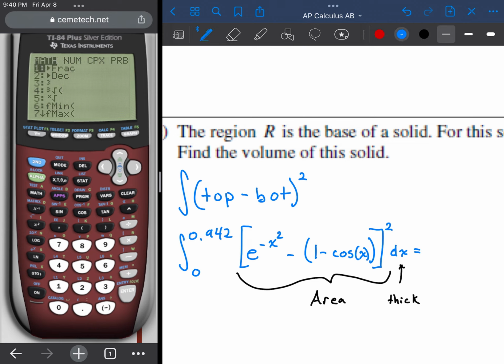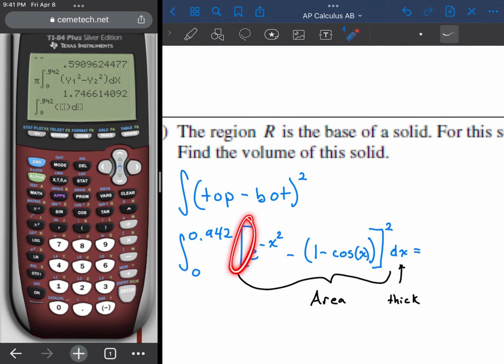So we're going to do another math 9, 0 to 0.942. And it's going to be, okay, I want parentheses now because remember, I have to have this set of parentheses that'll end and then square it. So I'm redoing this parentheses right now. So parentheses, and then vars right, enter 1, minus vars right, enter 2, end parentheses, and square all of that with respect to x, enter.